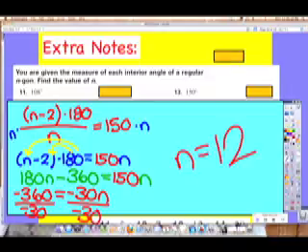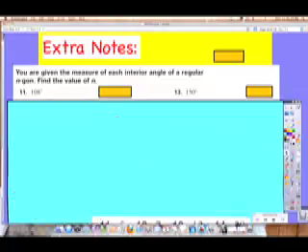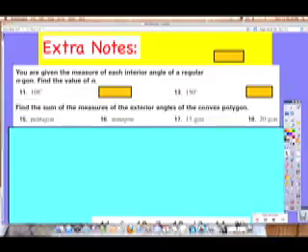Find the sum of the measures of the exterior angles of the convex polygon. Stop. I'm hoping you read the question and your brain again is flashing sum exterior, sum exterior. So you go in your notes, find the formula for sum exterior. Always what? So for a pentagon, for a nonagon, sum exterior, it's 360, right? 15 sides? 20 sides?